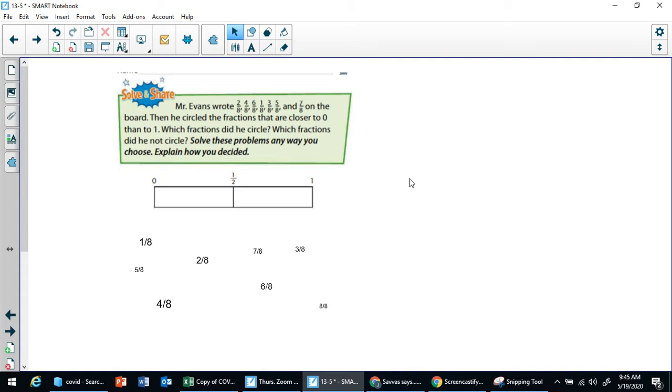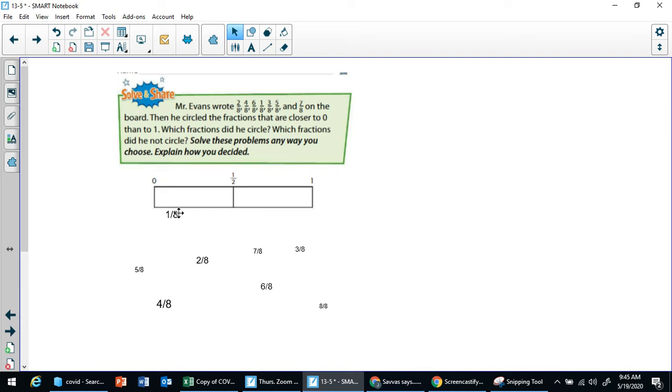So boys and girls, here is a little bar model. The 0, the half, and the 1, those are our benchmark fractions. That is going to help us know which fractions are closer to 0, which are closer to 1. The first thing we're going to do is take all these fractions and lay them out on our line.